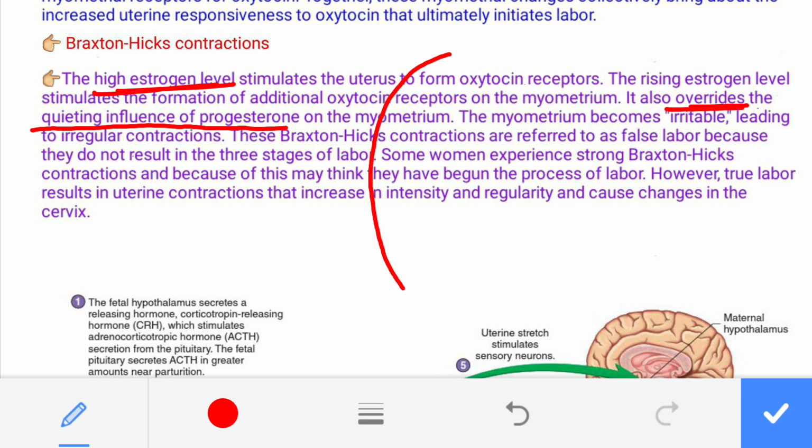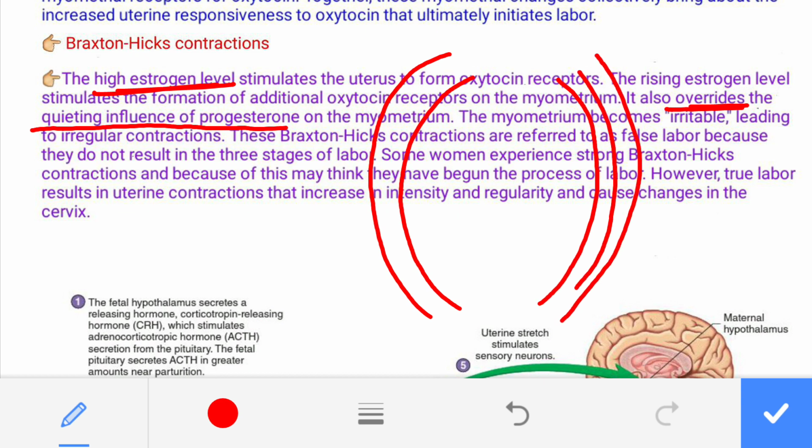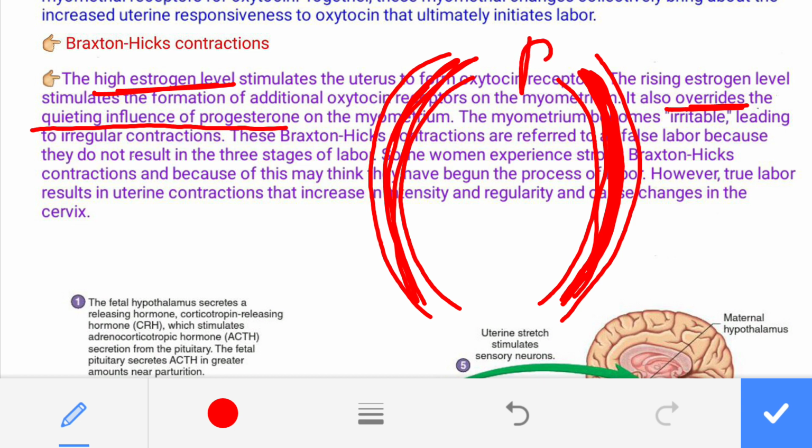For example, this is the uterus, okay? And here between the perimetrium and endometrium, this one that I am drawing in red color is the myometrium, okay? And progesterone, P, is affecting the myometrium during the entire 9-month pregnancy.